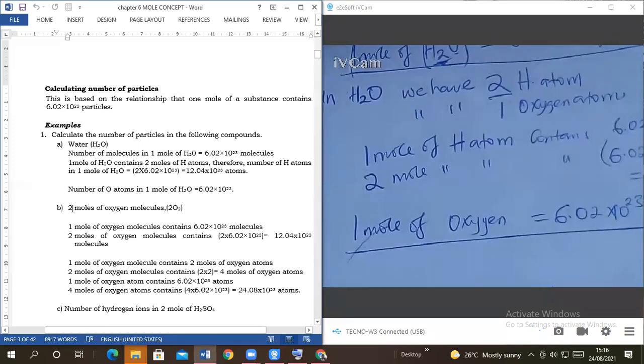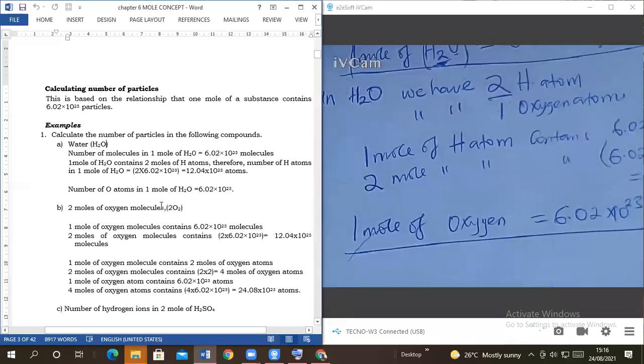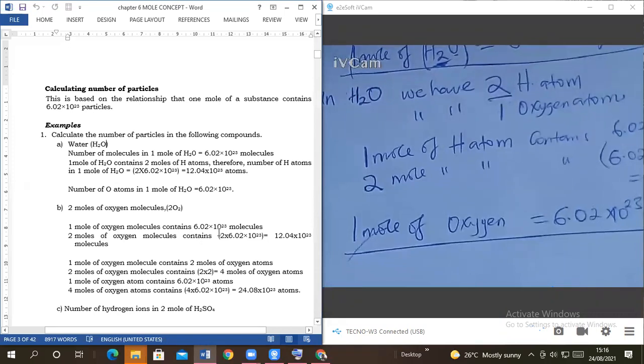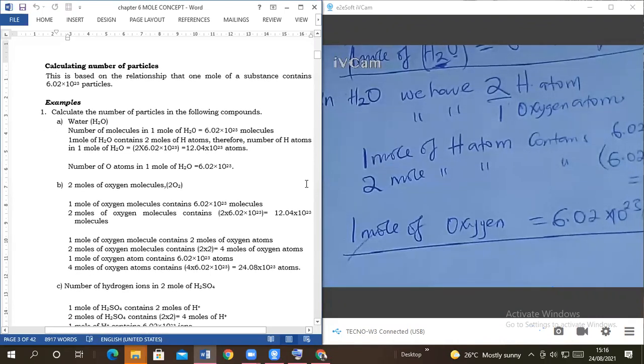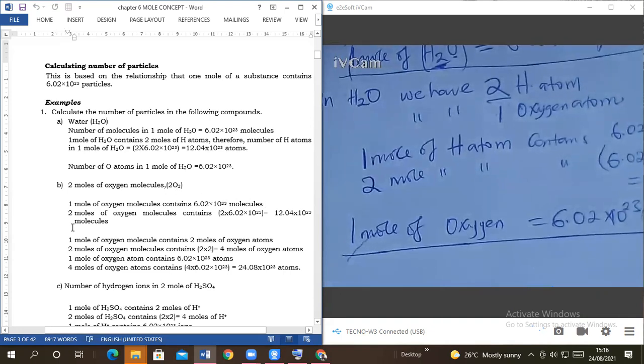So if they say 2 moles of oxygen, you first get what the oxygen has, then you look for the other molecules inside the oxygen. What do they have? This is what they are saying. 1 mole of oxygen molecule contains 6.02 times 10 to the power 23 molecules. But in oxygen, there are 2 moles of oxygen.